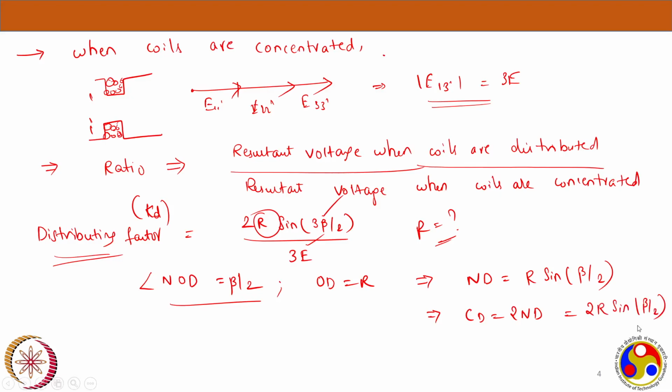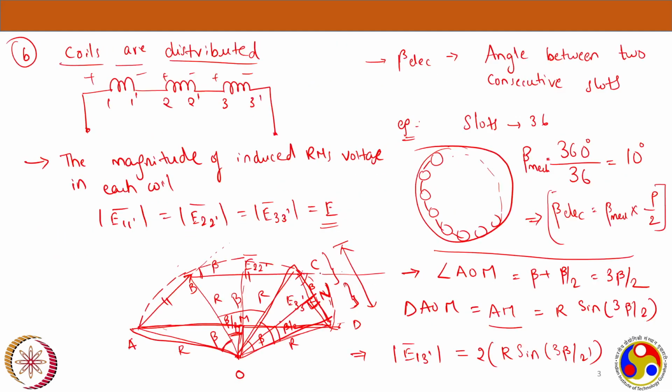Now, what is the reason behind calculating CD? Because CD is nothing but our E. CD is nothing but E33 dash, right?